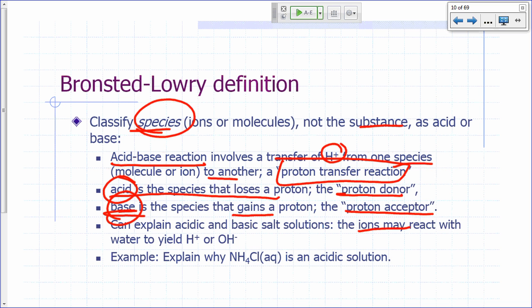What did we say happened to an ammonium salt? One of these hydrogens can transfer as a proton to a water molecule, giving you hydronium ion. And what happened to a carbonate ion? A proton from a water molecule can hop onto this carbonate ion, leaving behind a hydroxide. So that's the Bronsted-Lowry definition.